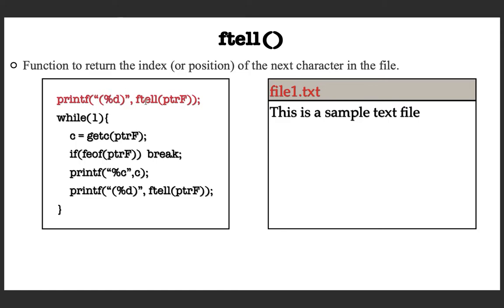What is that number? Whatever is returned by ftell on the file pointer, which returns the current position. Initially it must be 0. So 0 will be printed within parentheses, because the 0th position is this, and the character at the 0th position is capital T.